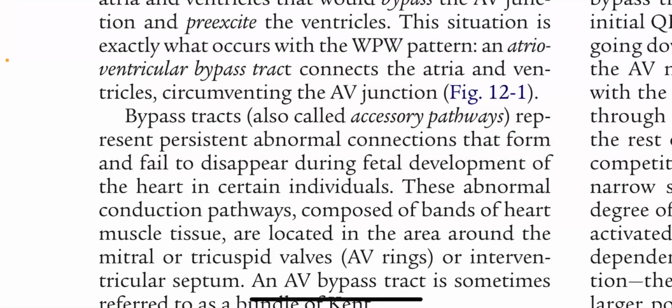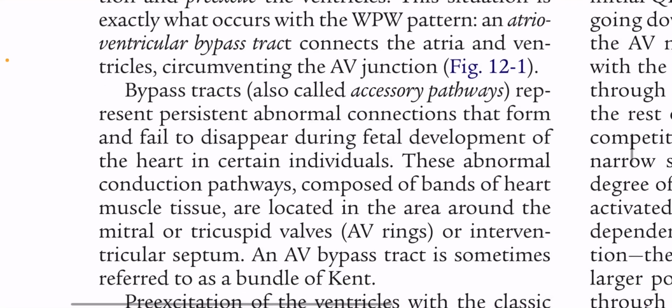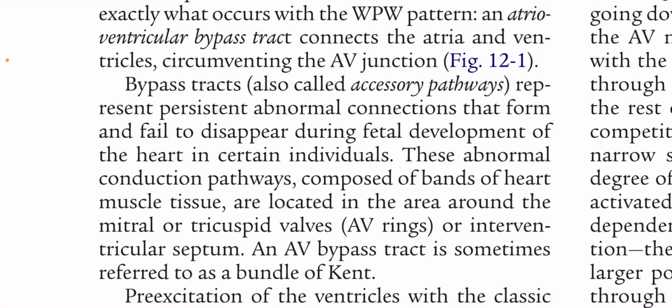This situation is exactly what occurs with the WPW pattern. An atrioventricular bypass tract connects the atria and ventricles, circumventing the AV junction. Bypass tracts, also called accessory pathways, represent persistent abnormal connections that form and fail to disappear during fetal development of the heart in certain individuals.